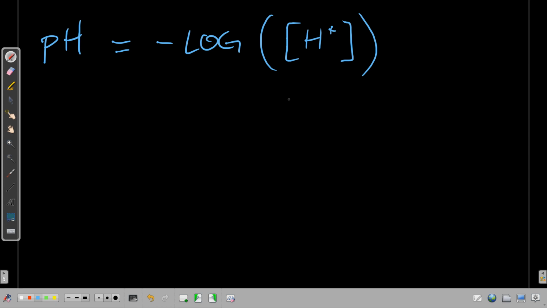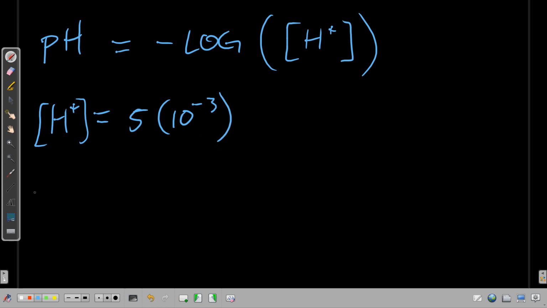For lemon juice, they told us that the hydrogen ion concentration was 5 times 10 to the minus 3. And for tomato juice, it was 3.2 times 10 to the minus 4.